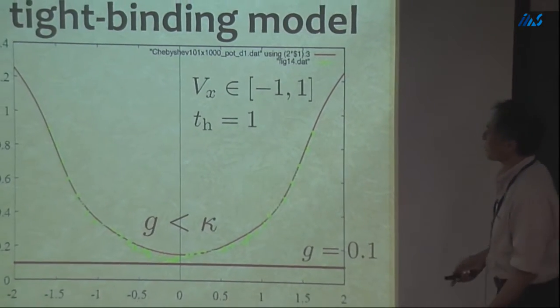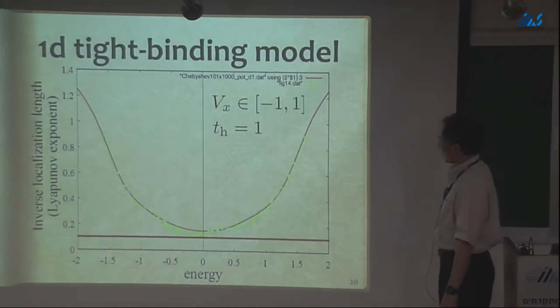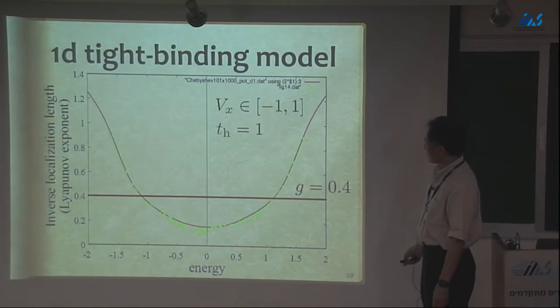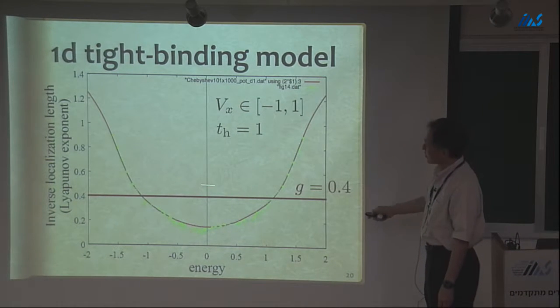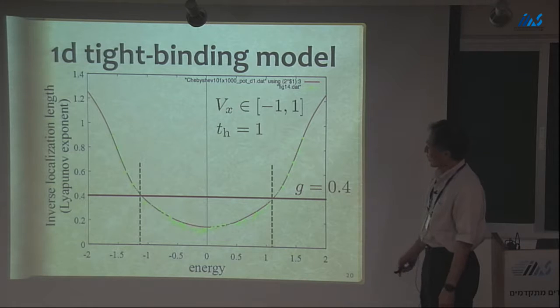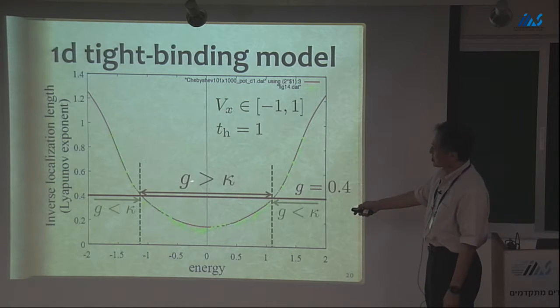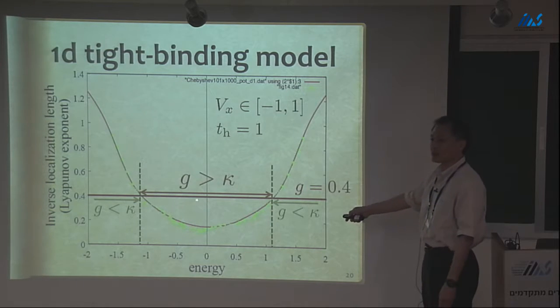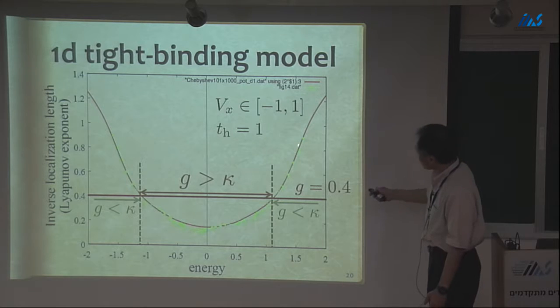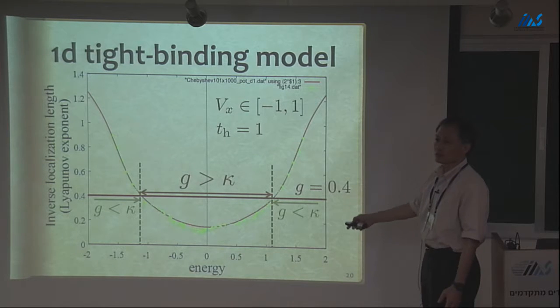But if I increase g to, for example, 0.4, then I have boundaries, and in this range, g becomes greater than kappa. So for these states, the imaginary gauge transformation doesn't work, while for these states, it still works.